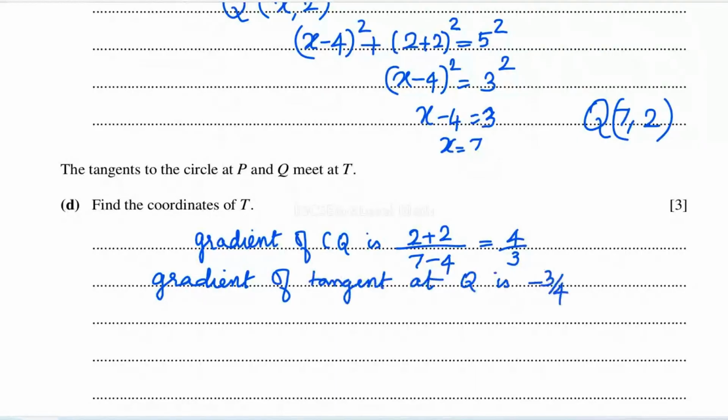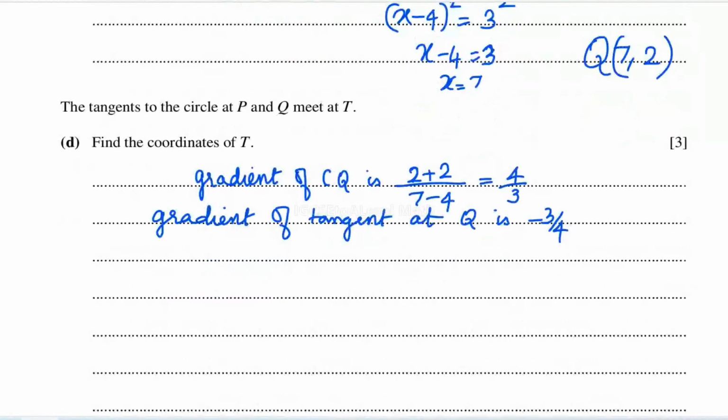So now the equation of the tangent at Q is y minus y1. For y1 we will take the coordinate of Q as 2.